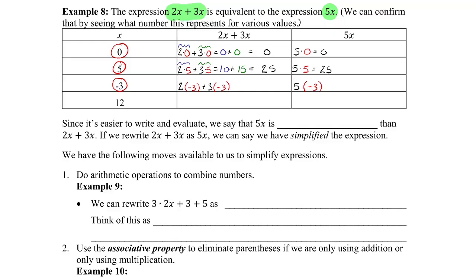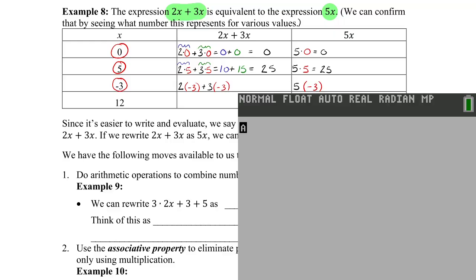And the good news is we don't actually need to go through step by step to evaluate these because our calculator knows the order of operations. So we can enter that first expression on the calculator as 2 parentheses negative 3 plus 3 parentheses negative 3. And notice I put my negative number in parentheses. That's to make it clear that I'm talking about the number negative 3 and not subtracting 3.